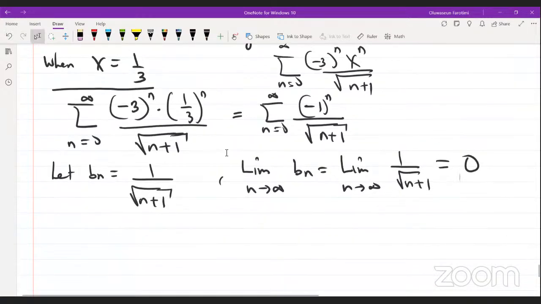Now, in the past, we have always shown the decreasing part by the first derivative test. Okay, we can always do that as well. All right, so let's see how we go about that.